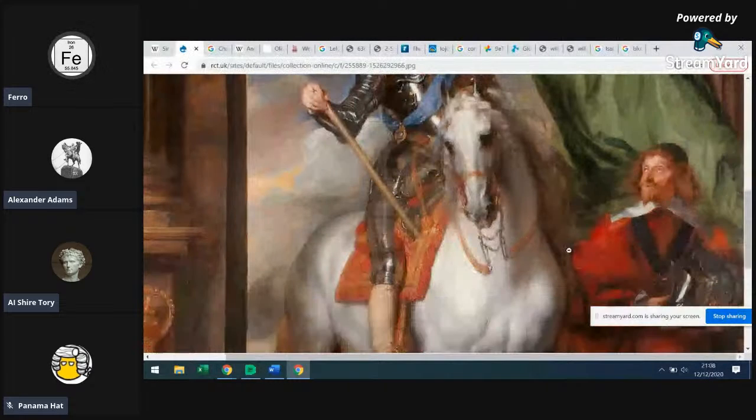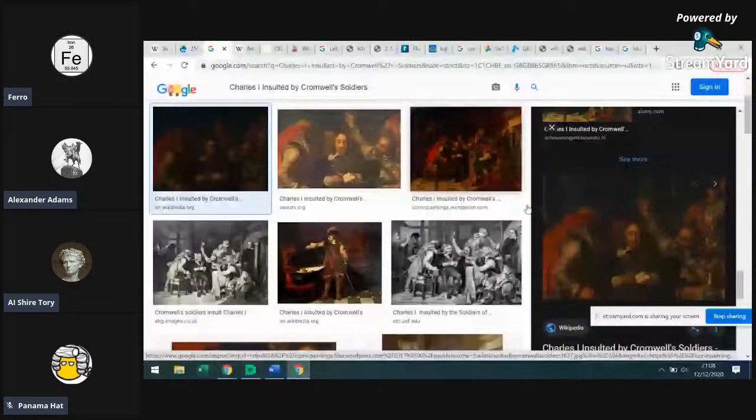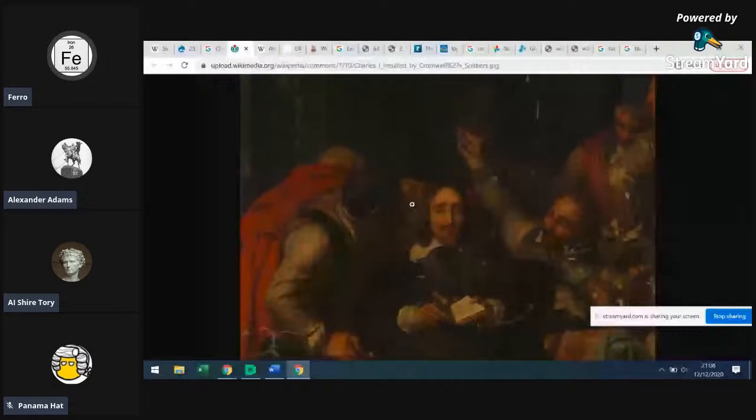But obviously with the Civil War, there's a huge amount of strife, and Panama, you've selected this painting across here. I hadn't actually seen it before, so I don't know if you want to talk through it in a little bit more detail? Yes.